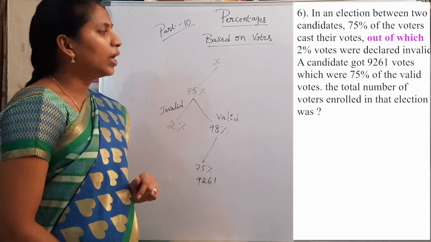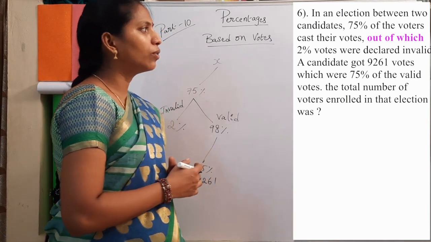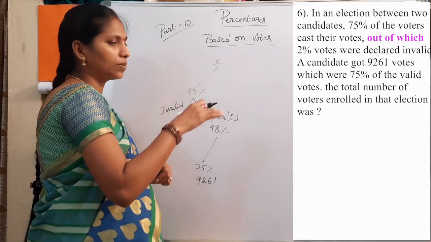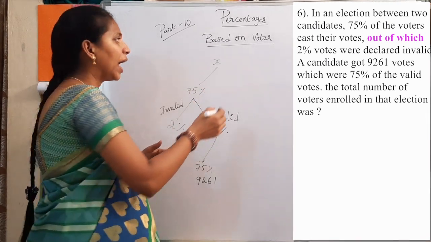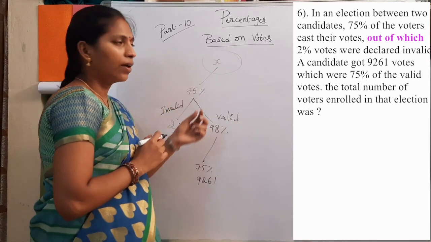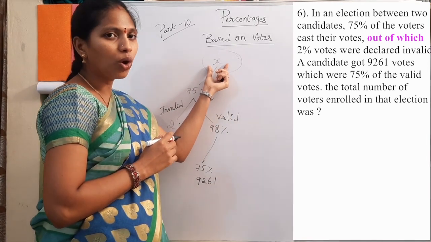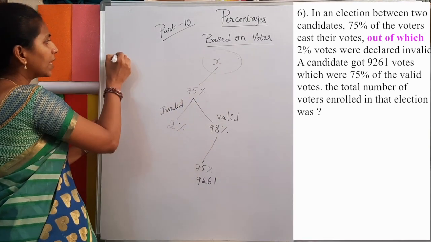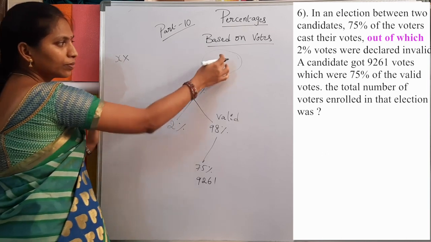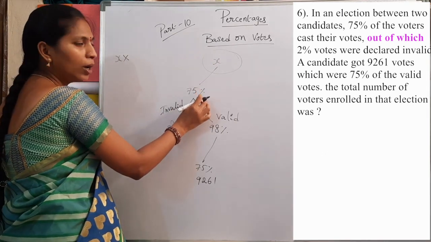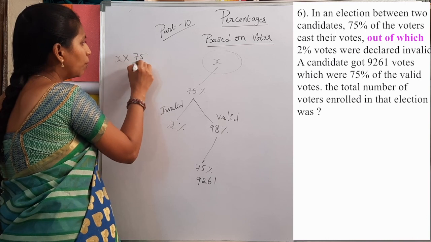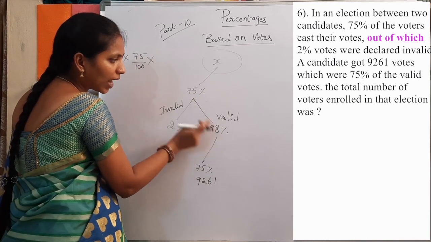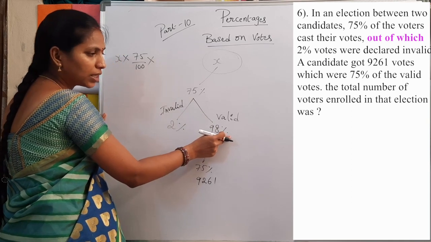Then we have to find out the total number of votes enrolled in that election. Enrolled votes, not valid votes. That means we have to find out the value of X. Now see, X into what is the percentage? 75%: 75 by 100 into, in this 75%, valid votes are 98%.